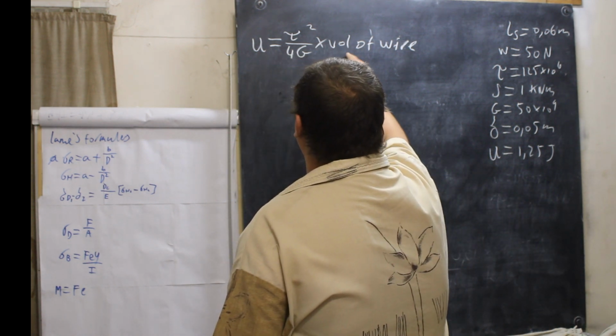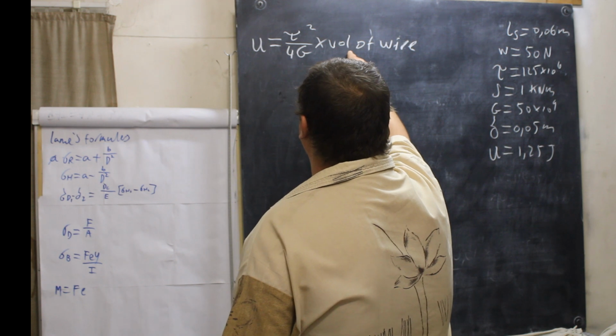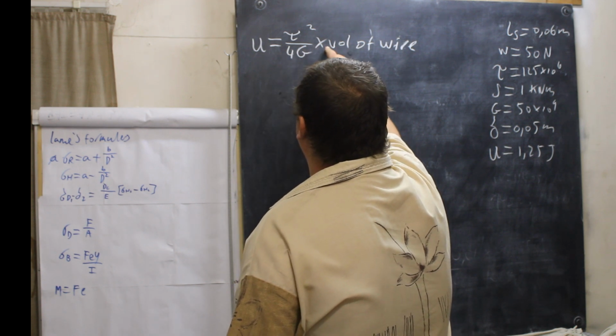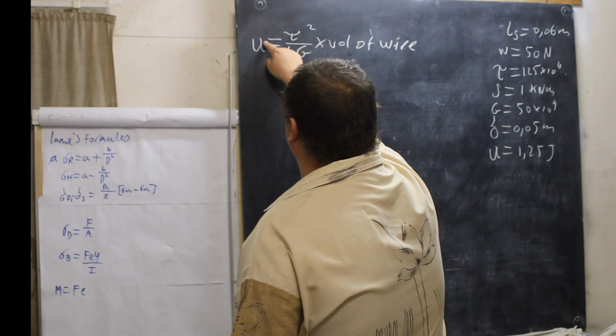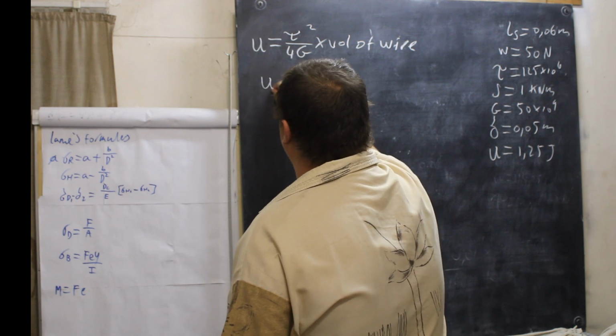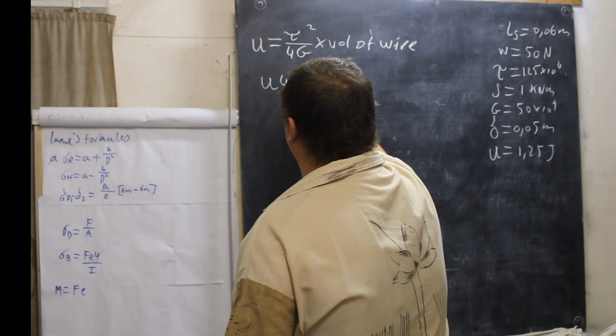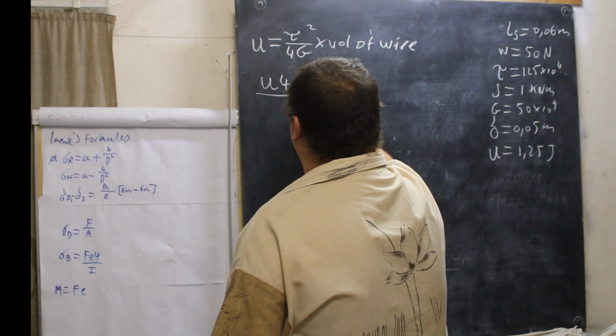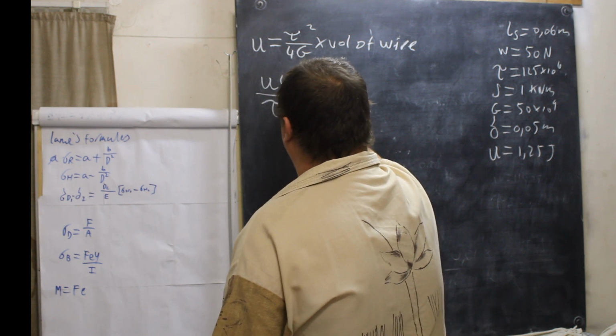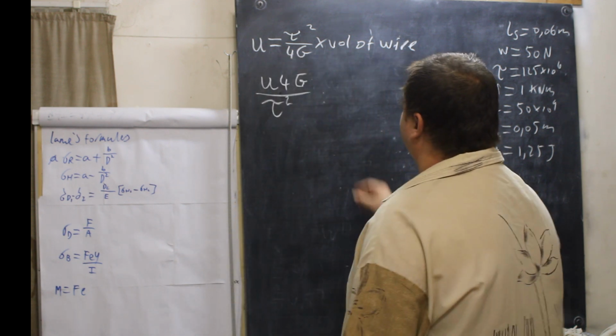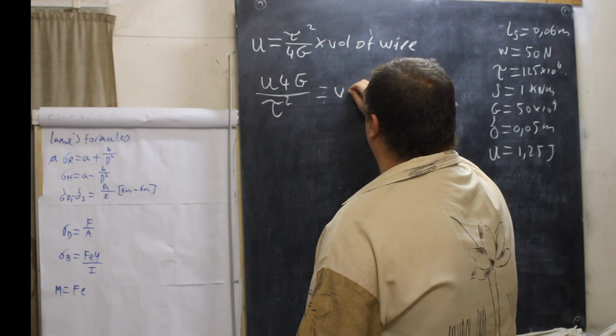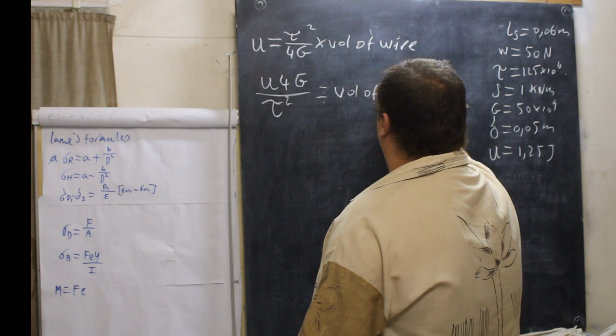So we want the volume of the wire. So take 4G up. So it's U 4G over tau squared equals volume of wire.